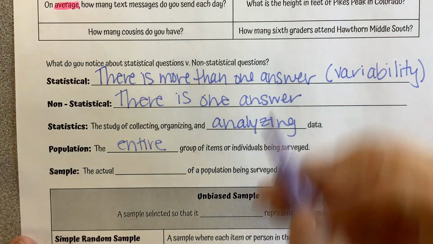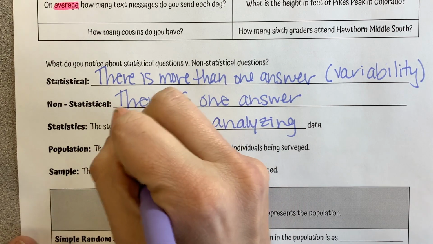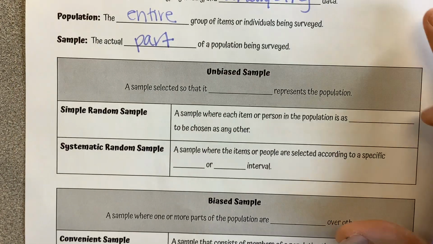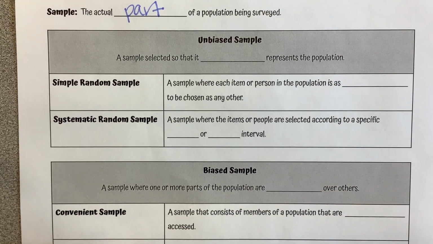So the actual part of a population that's being surveyed is the sample. I might sample an X amount to represent all 6th graders, or X amount to represent all monkeys. So when we collect these samples, we want them to be unbiased.